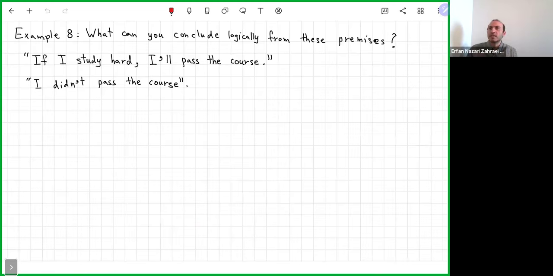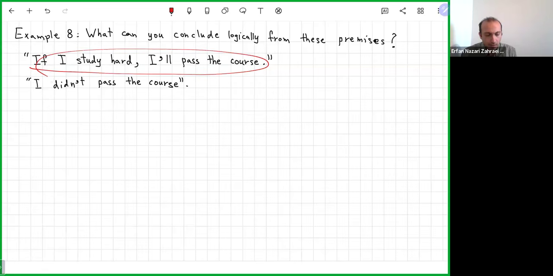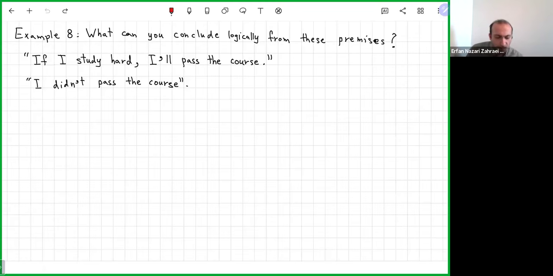First one, it's very simple. It's basically using just one of them. I want to see what these two statements logically imply. One of the statements says, if I study hard, I'll pass the course. And the other statement says that I did not pass the course.